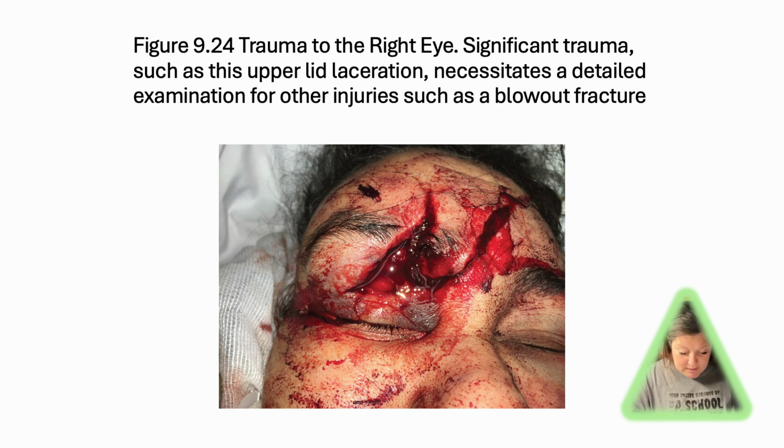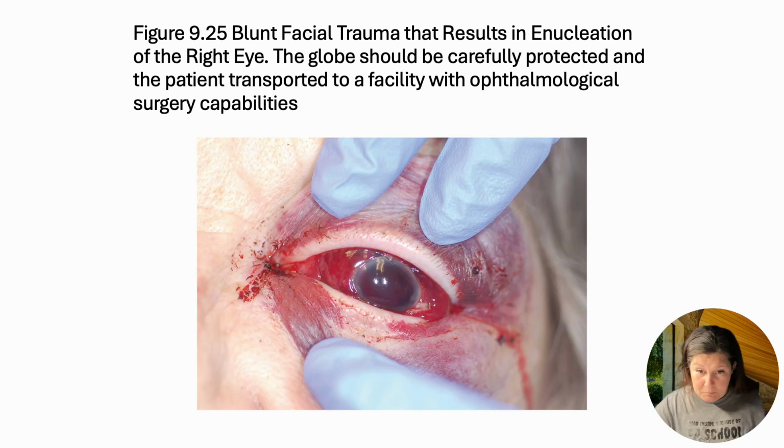This is certainly an emergency that requires a higher level of care. There's not a whole lot that you can do other than to just guide your patient and keep them comfortable, keep them from moving and agitating that area, and then just getting them to a higher level of care.